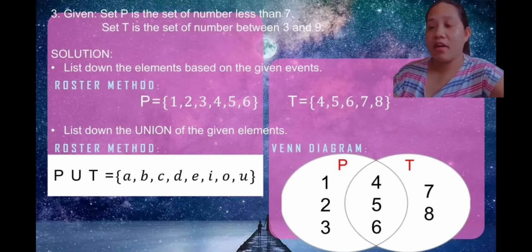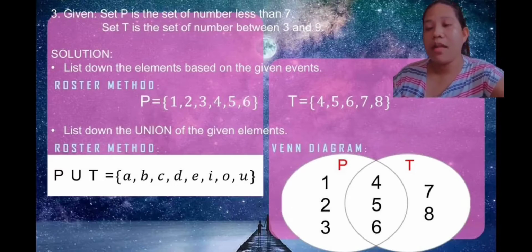And sa Venn diagram, yung unang circle which is the set P, ang ilalagay natin dun is 1, 2, 3. And the another circle which is the set T is 7 and 8. Yung sa gitna nila, ang lalagay natin is 4, 5, 6. Kasi may 4, 5, 6, both set P saka set T.